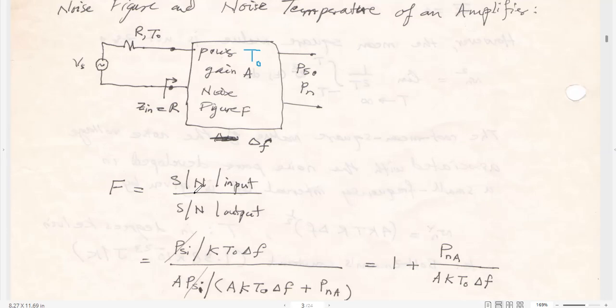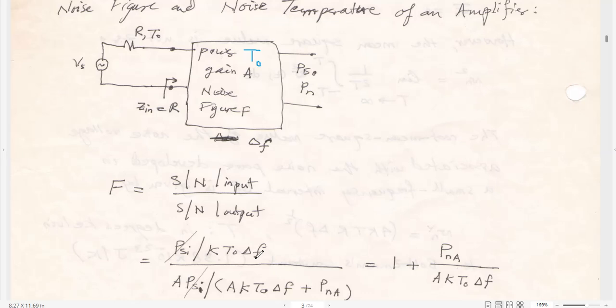Noise figure is by definition the signal to noise at the input divided by the signal to noise at the output. The signal at the input, let's call it PSI. The output signal will be simply the multiplication of the power gain A times the input signal, so A PSI is P output.